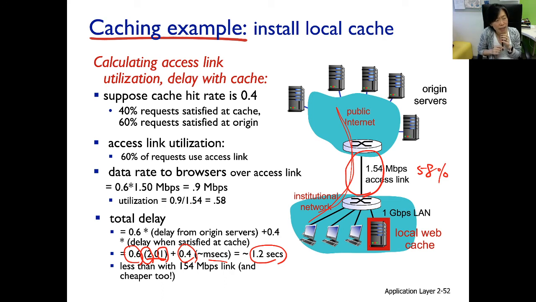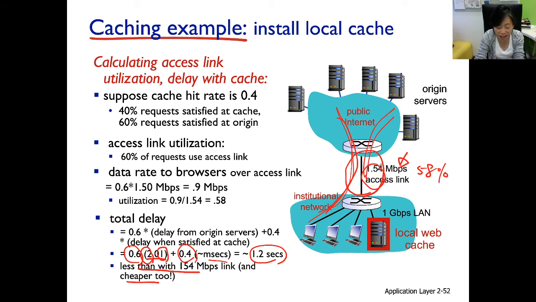Is this better than scenario 2? It is, right? In scenario 2, you have at least 2 seconds. So what's amazing about web caching is this: the benefit is not just that it's cheaper, but the delay is also lower, and the traffic coming down this way is also lower. We did not spend any money here, and we also saved some bandwidth as compared to scenario 1, so more traffic can come down this way.